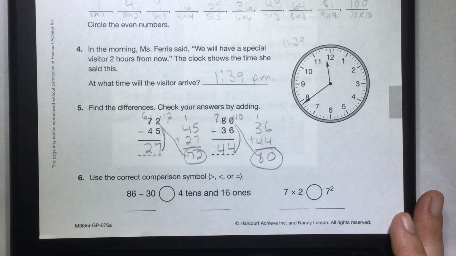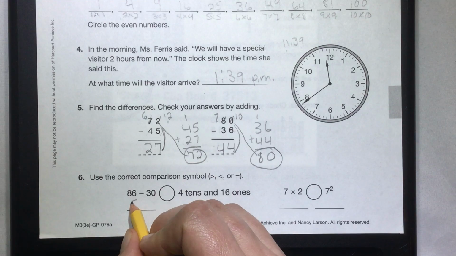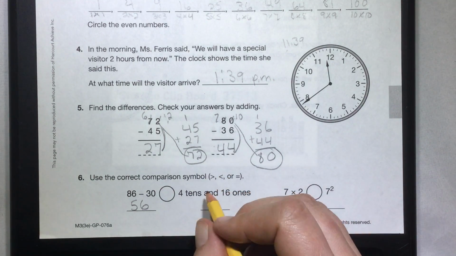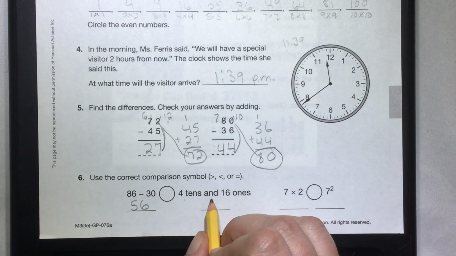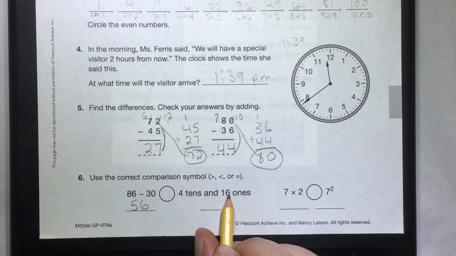All right, so the bottom we're going to use the correct comparison symbols. Greater than, less than, or equal to. Now let's go ahead and solve first. 86 minus 30 is, that's right, 56. Now, 4 tens, I would say we put 4 there, but we don't want to do that quite yet.